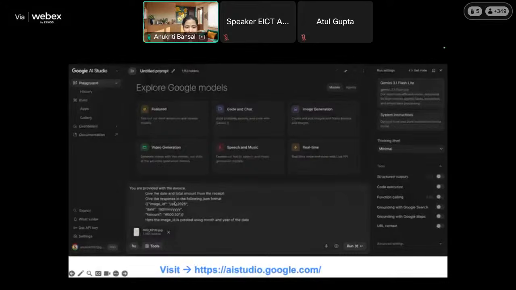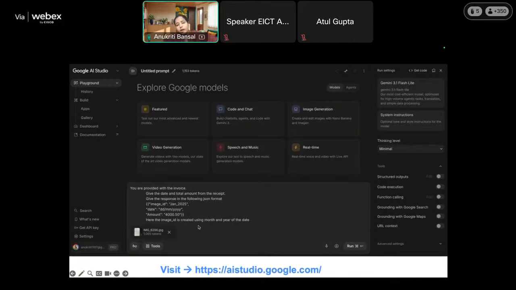I have given some example that image ID is January 2025. In the invoice itself, the date is written, and it has to use that date to create an image ID. Then it has to provide the date in this DDMMYYYY format, and the amount it has to enter like this.